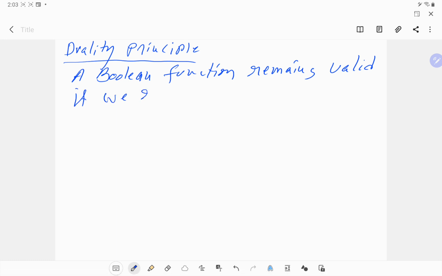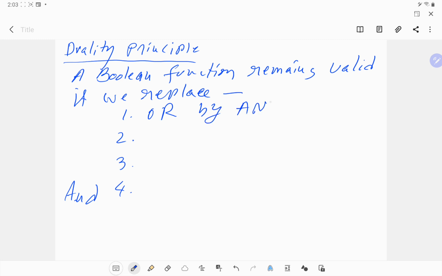If we replace the following things, the number 1, 2, 3, and 4. The first one, in the Boolean function, we replace all the OR operations by AND operations, all the AND operations by OR operations.